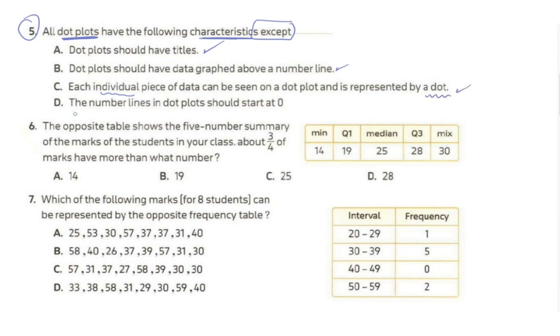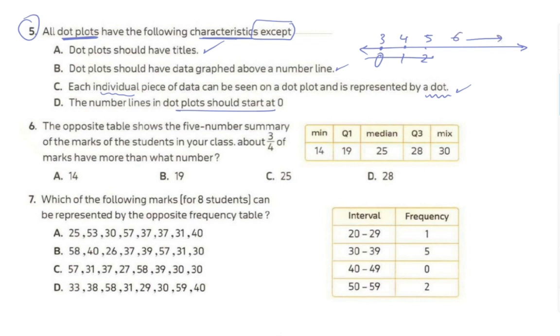Look here: the number line in a dot plot should start at 0. If I draw any dot plot, should I start with 0, 1, 2, 3, 4, and so on? Or may I start with 3, 4, 5, 6, and so on?